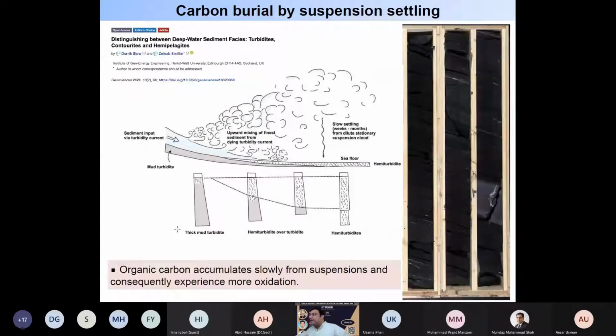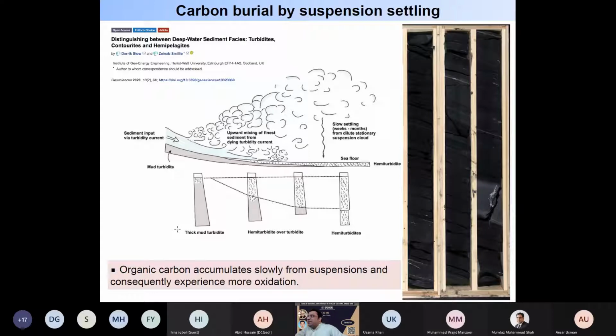Okay, so now what are the existing models for carbon burial in the deep sea? Traditionally, we have been thinking that these deep marine mudstones are the sink for carbon burial in the deep sea, where sediments settle from slowly settling suspensions and accumulate there.